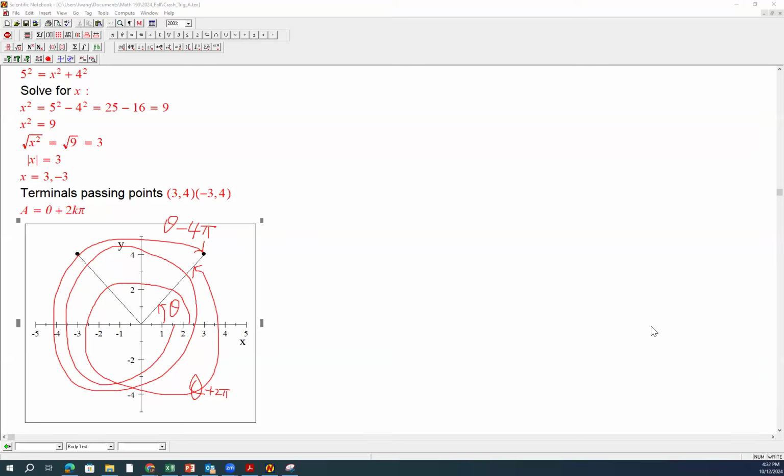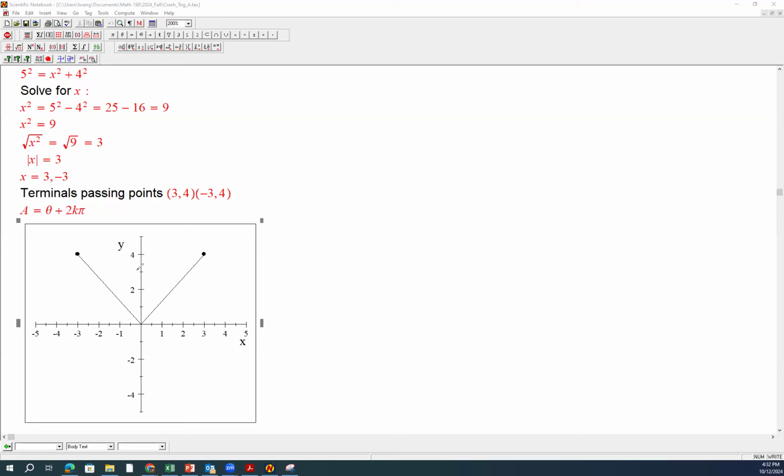Remember that. And let's look at the other terminal. The same idea. For the other terminal, of course, I need to know the basic angle. Since I know this is theta, this reference angle is also theta.